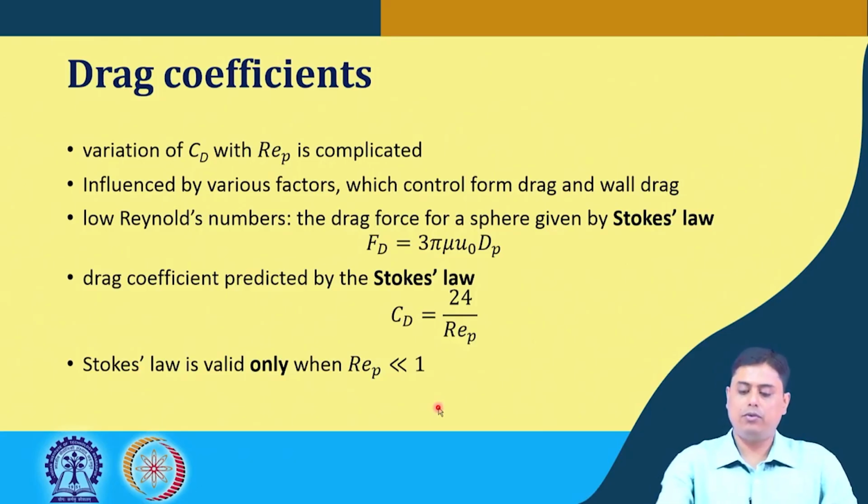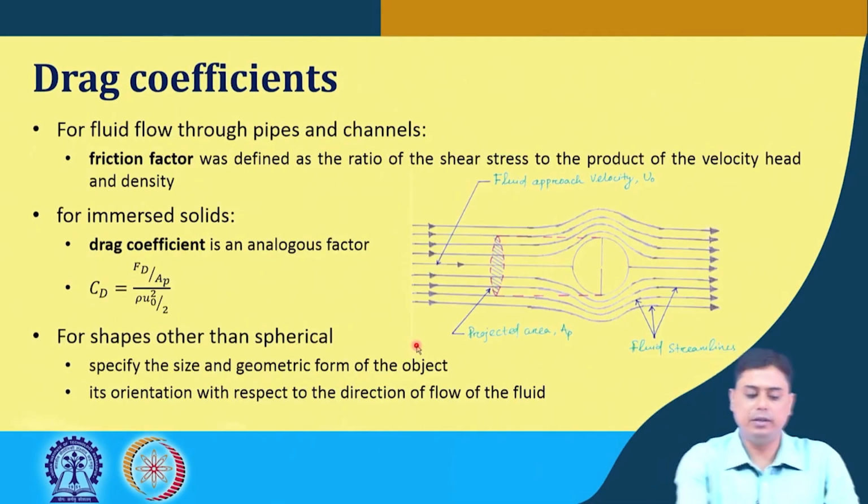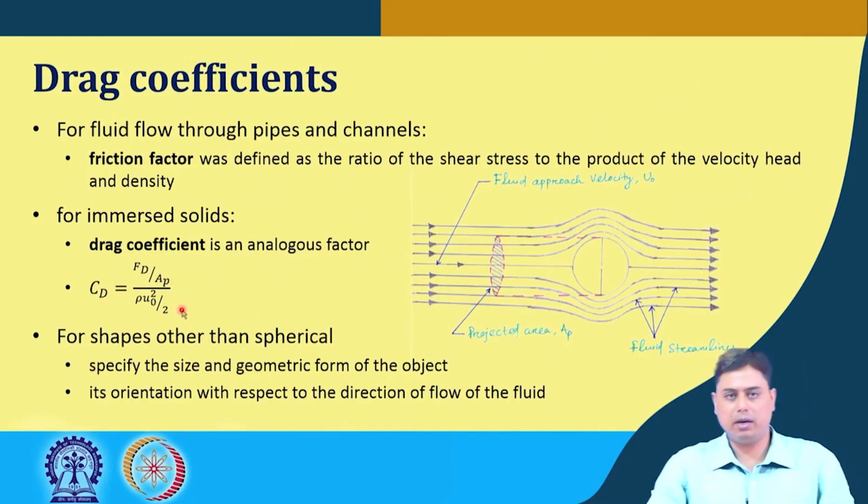All of you are expected to know what Stokes' law is, but let me show you again that Stokes' law, which gives us the estimate of the drag force on a smooth sphere, is given by this value, where again dp is the diameter of the spherical particle. Now by this relation and the previous definition of CD, if we replace this FD value and this AP value for the sphere, we can calculate the CD for a spherical particle.